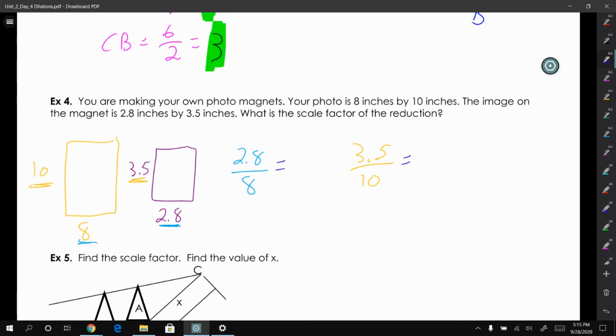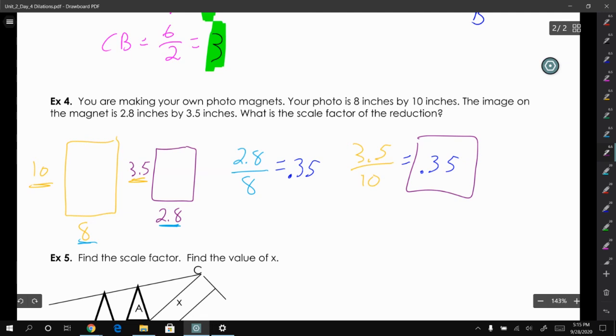If we put those in the calculator, we will get the same value. So I get 0.35 here, and if I do 3.5 divided by 10, you also get 0.35. So that is your scale factor for your reduction, 0.35.